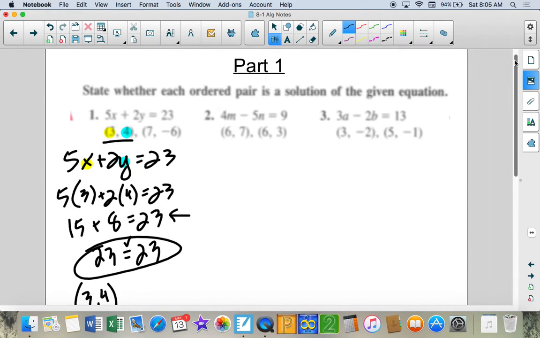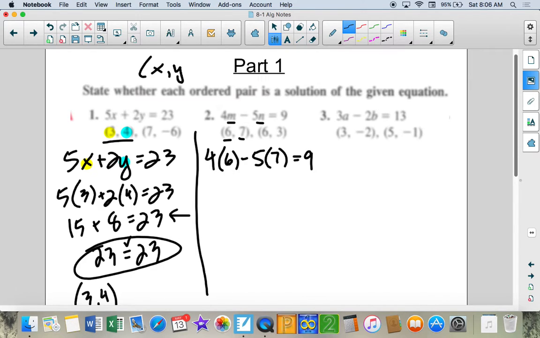Let's try a couple of these other ones. 4 times 6 minus 5 times 7 equals 9. Hey, Mr. Mack, how did you know that 6 goes in for m and 7 goes in for n? Aren't coordinates x, y? Absolutely. But if you have other variables like m, n or a, b, they're always going to be alphabetical.